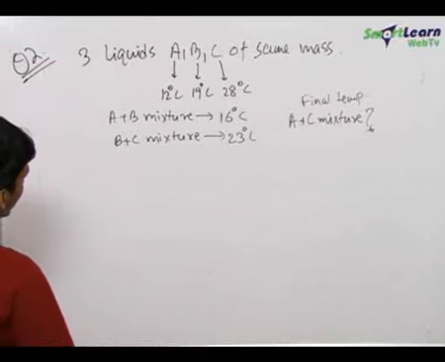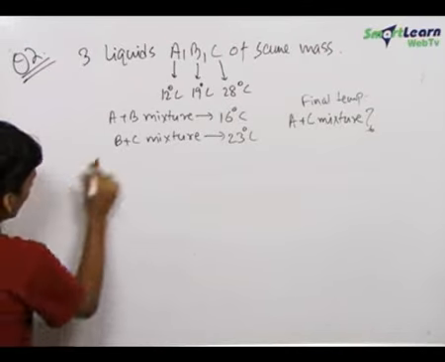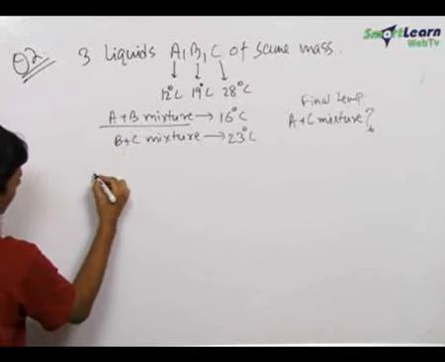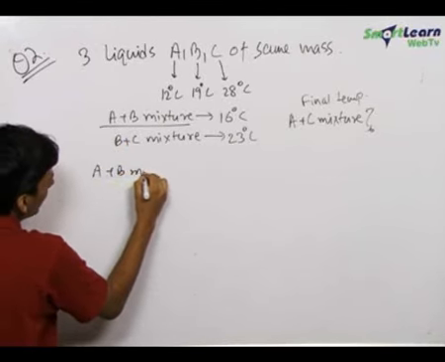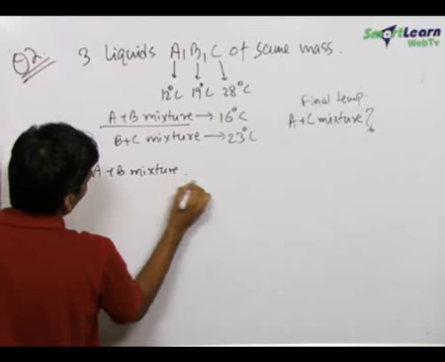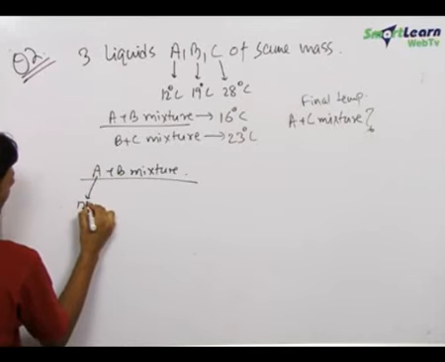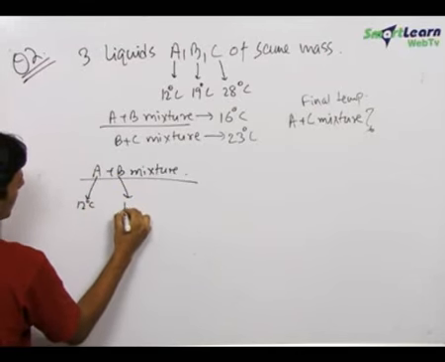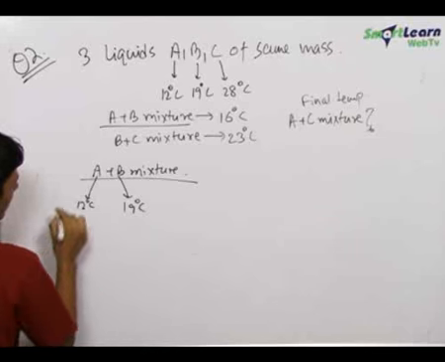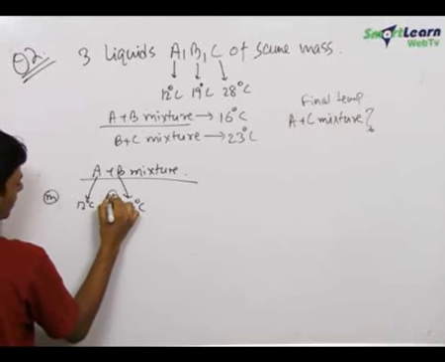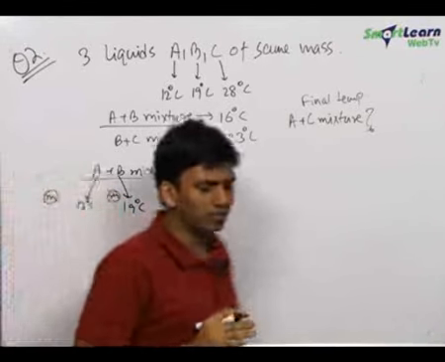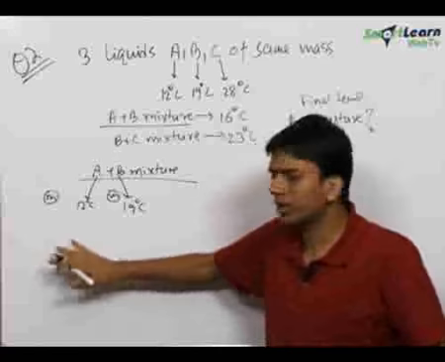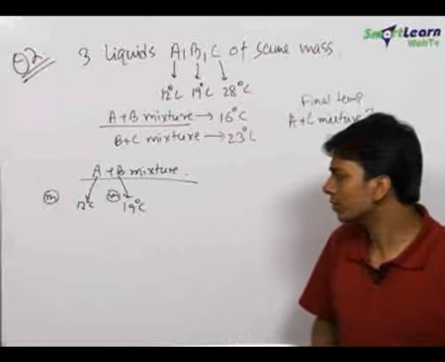So for solving this question, let us first write the equations for the A and B mixture. When A and B were mixed, A was at 12 degrees Celsius initially and B was at 19 degrees Celsius initially, both with mass M. Now always remember this, if you follow this method you will never get the wrong answer and you will never get confused.